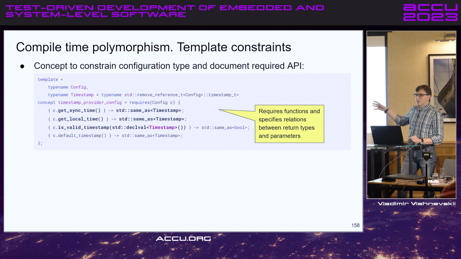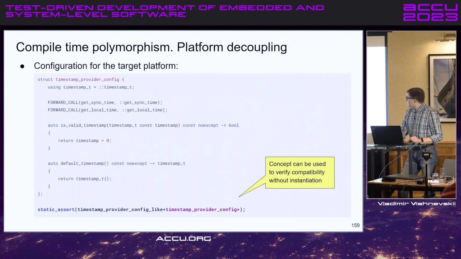We are not very strict here. We just specify the relations between the types that are returned and the types that are accepted by some of the functions. Plus, it needs to have those type aliases there. And then our configuration, if we implement some, can be verified for compatibility without even an instantiation, using just this concept.